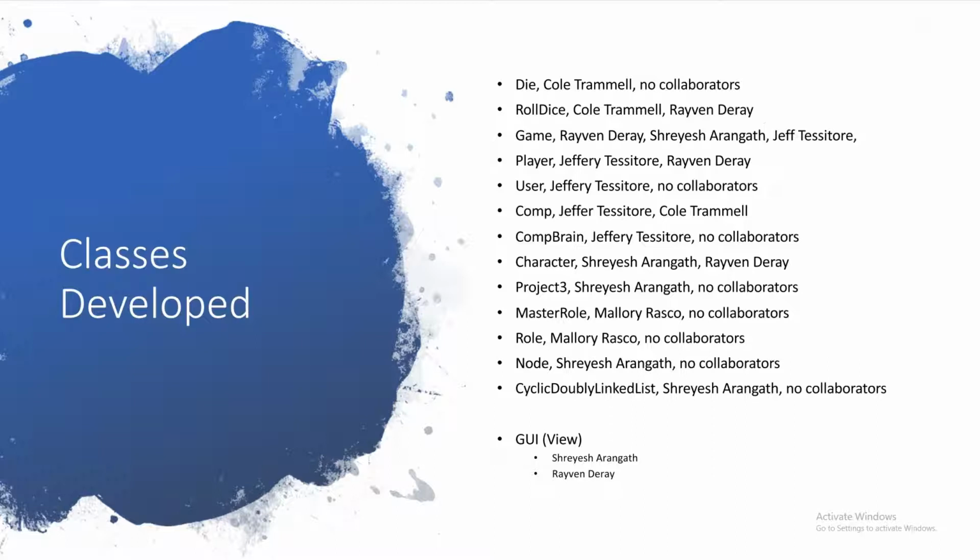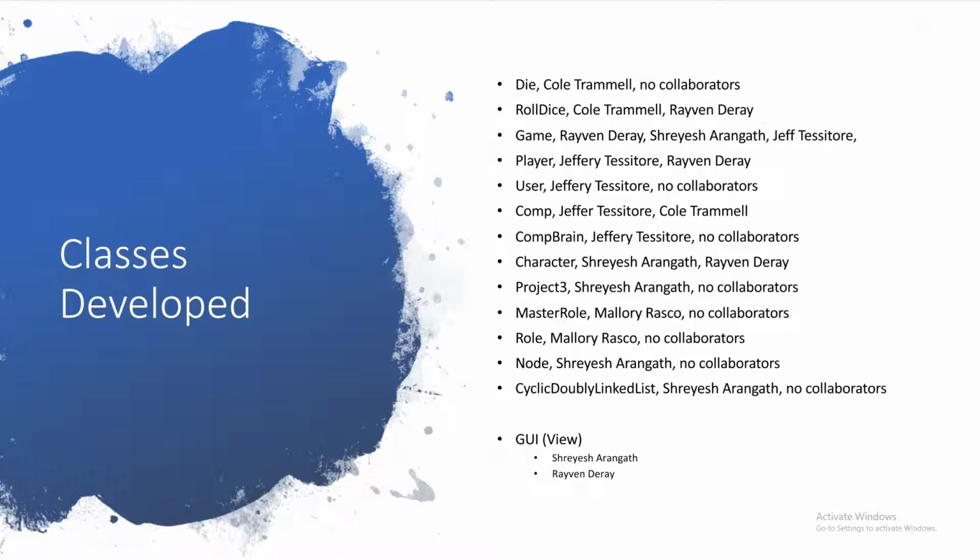For the classes developed, we all split up and created different classes and different aspects of it. Cole did the dice, including each individual dice and how to roll it. The player class, which includes both the user and the computer players, was created by Jeffrey.